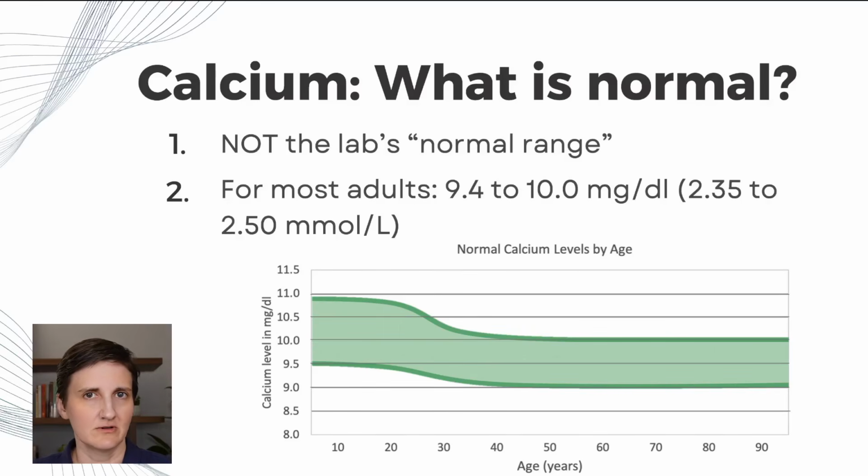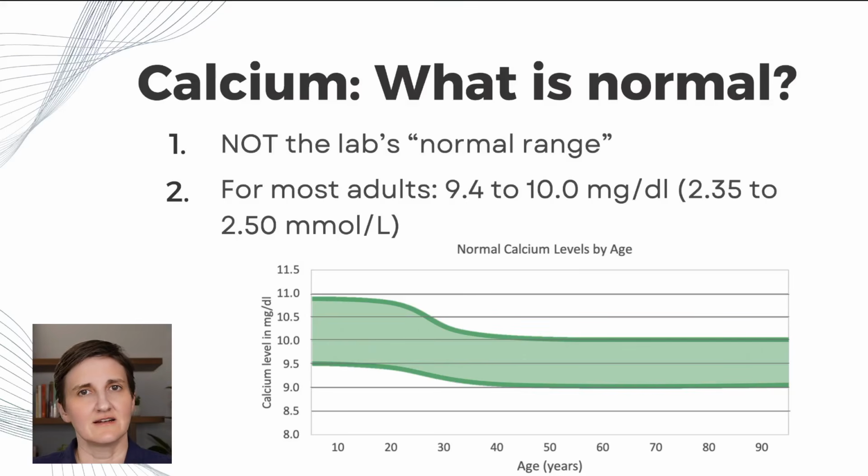That's not normal. A normal calcium level for an adult is typically somewhere in the 9s. For adults over 40, it's about between 9.4 to 10.0 in milligrams per deciliter. I put the translation on there: it's 2.35 to 2.5 in millimoles per liter if you're outside the United States. Okay, but it's not the range that's on your lab slip, so you kind of have to ignore that.